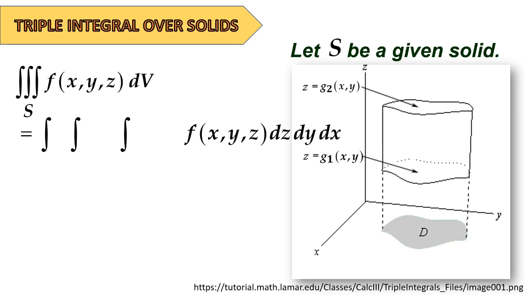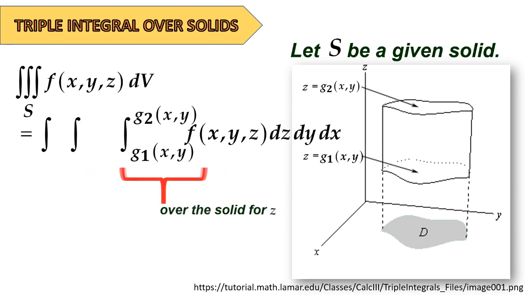So generally, the bounds on the iterated integral with respect to z is from g sub 1 to g sub 2. So this is over the solid for z. While the bounds for y are written as functions of x, from h sub 1 of x to h sub 2 of x.